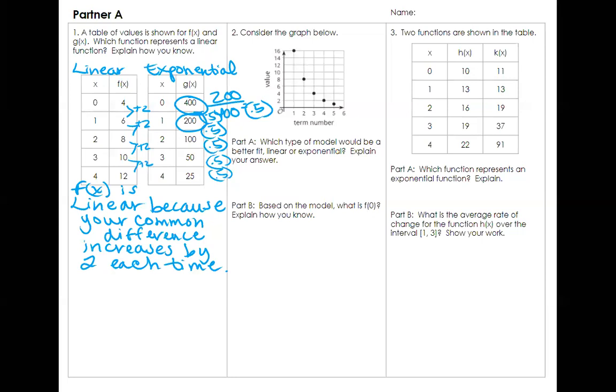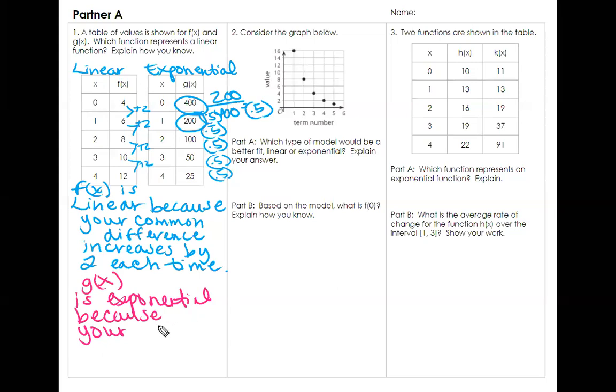That's good. What you said was good. So g of x is exponential because... do we call it a common difference? What did I call it before?